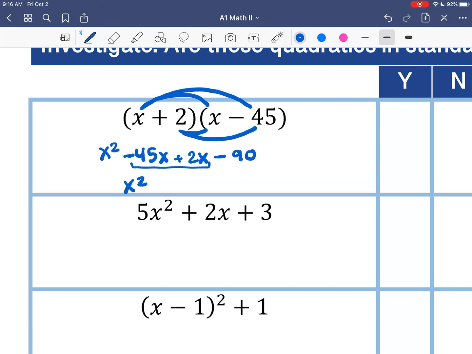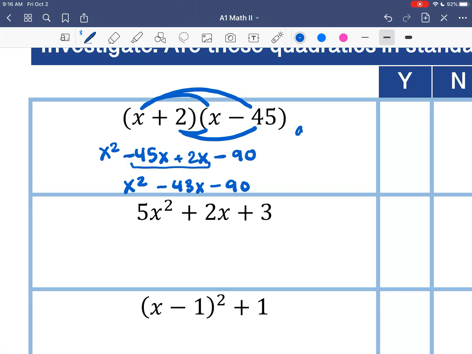And I'm just going to combine like terms in the middle, which gives us x squared, negative 43x minus 90. And notice that now we have an x squared term, an x term, and a constant term.